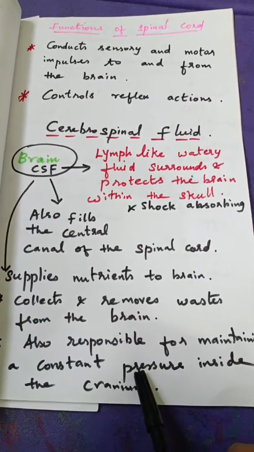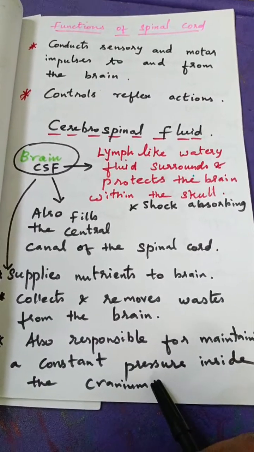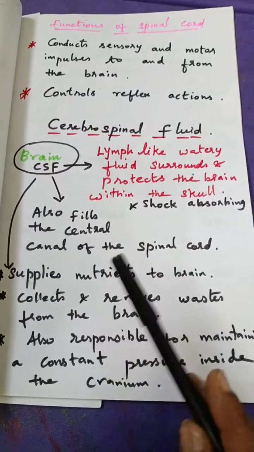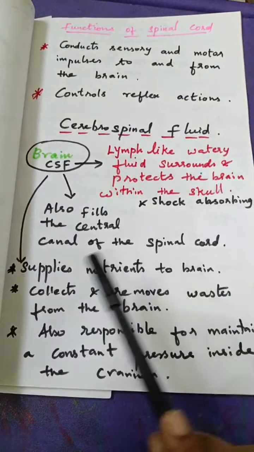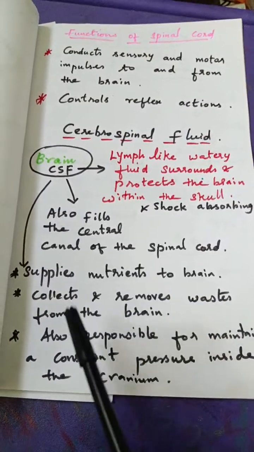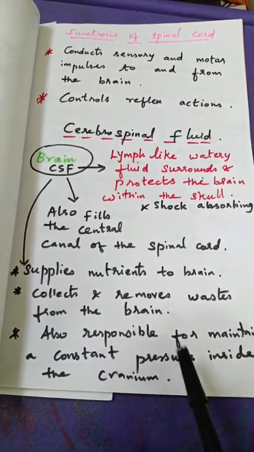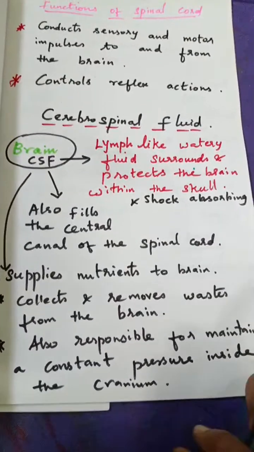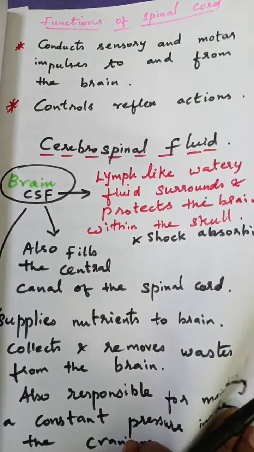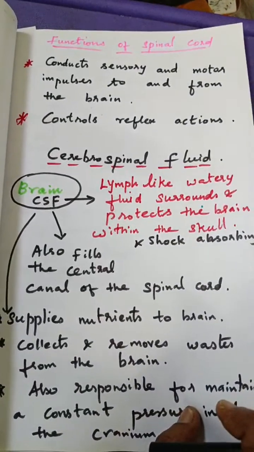Cranium is the term related to the brain. So these are the functions of the cerebrospinal fluid: it supplies nutrients, collects and removes waste, and maintains the pressure inside the cranium. Understood? So this is about the cerebrospinal fluid present in the brain and the spinal cord.